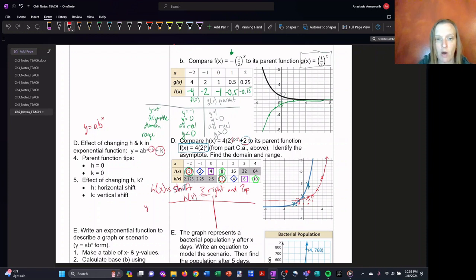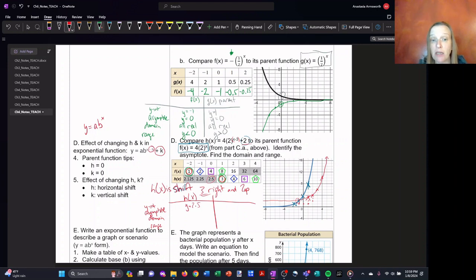So let's just do a quick table here for our h of x function. We are going to want to know the y-intercept, the asymptote, the domain, and the range. For the h of x function, the y-intercept is at y equals 2.5.